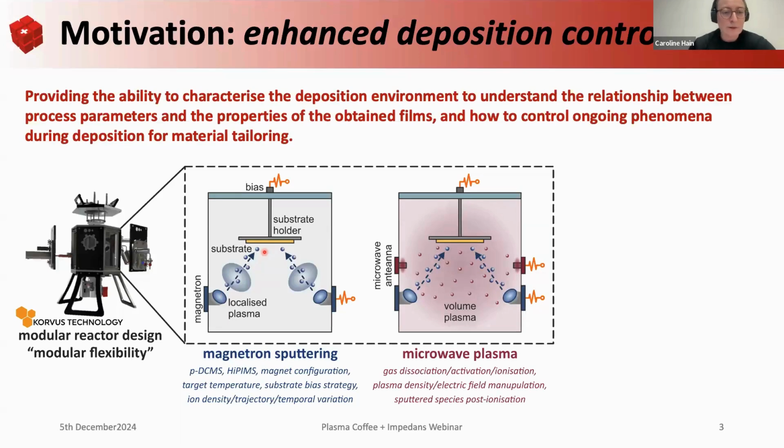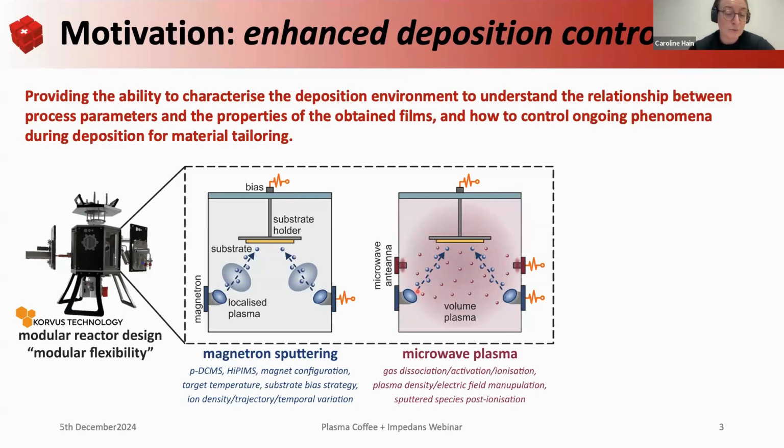From there, we have a few possibilities for tuning. For instance, having a substrate bias, we can try and affect our charged species, and if we have just atoms, then we can't do so much. But we can also introduce other plasma sources. In my case, I look into microwave plasma, which can then fill the volume of our chamber. So we have these two plasmas which can interact with one another.